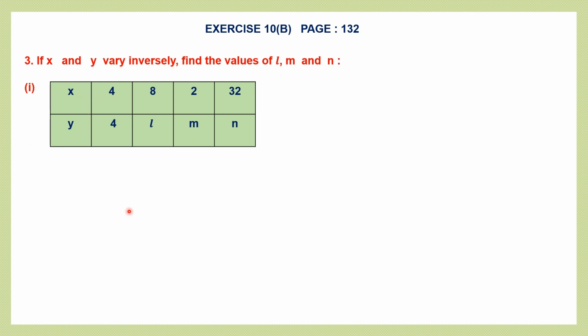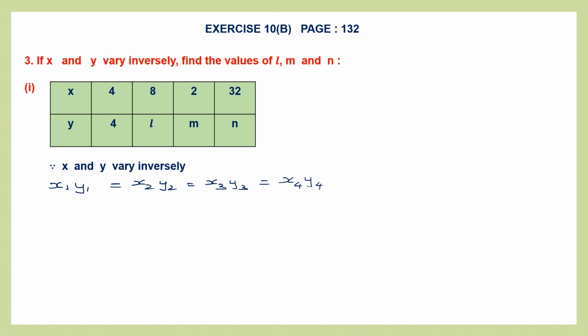That will make it a constant. Because x and y vary inversely, we can say x1 into y1 is equal to x2 into y2, which is equal to x3 into y3, which is equal to x4 into y4.